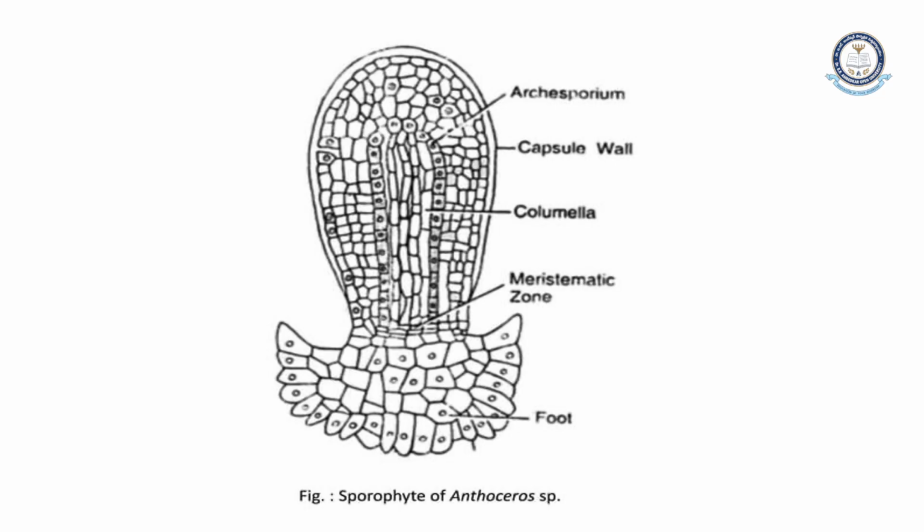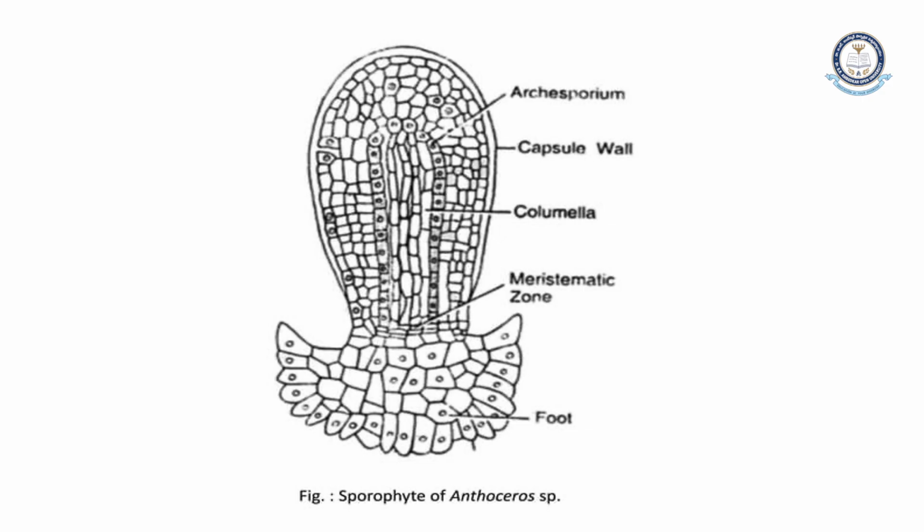This one is an enlarged view of the sporophyte of Anthoceros. See here the foot part is enlarged, and this part is the capsule, with columella. See here, in between the capsule wall and foot part, the sterile part is there.